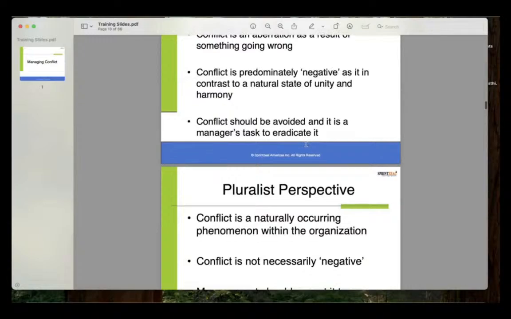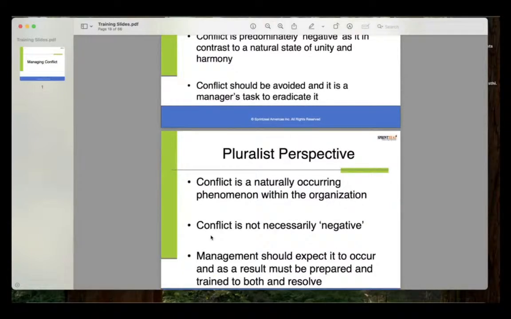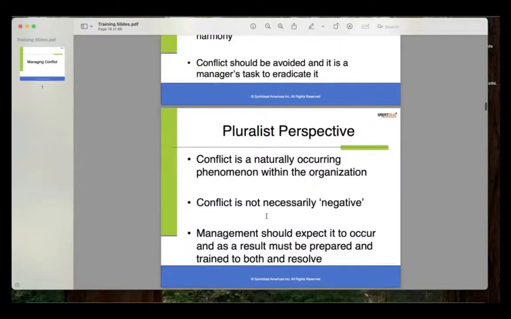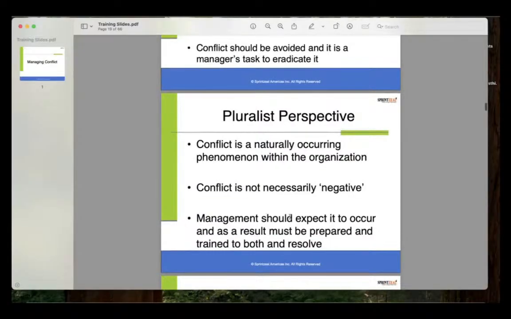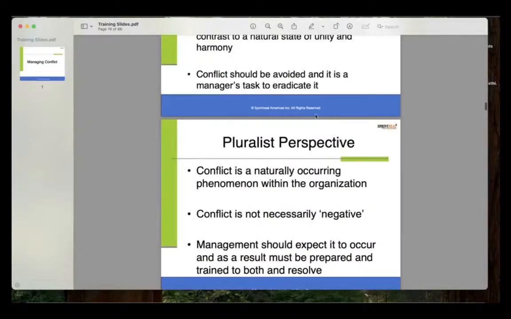In the pluralist perspective, conflict is not necessarily negative. Then who is the task manager for this? Management should expect it to occur, and as a result must be prepared and trained to manage and resolve it. So this is a manager's task.